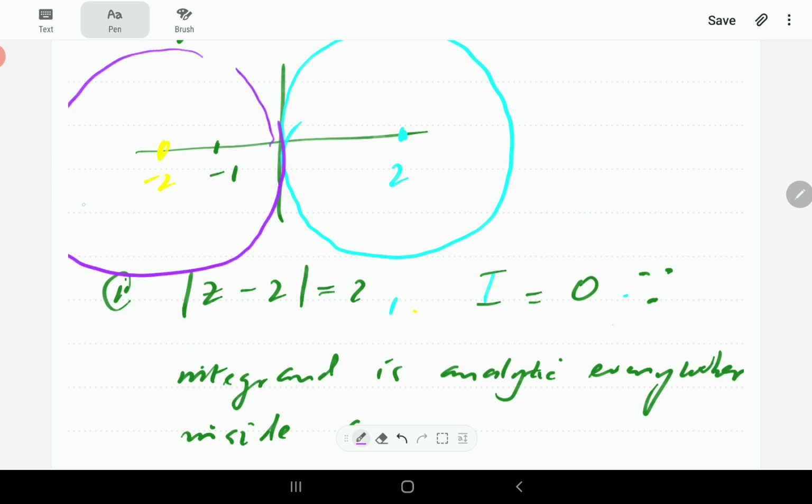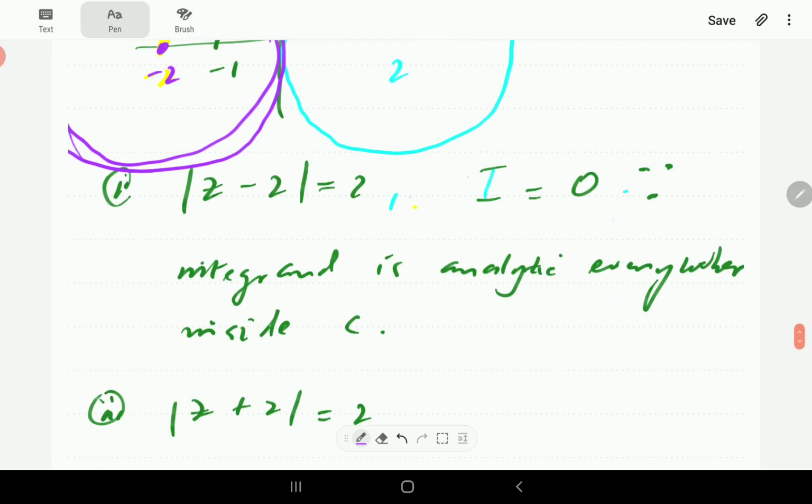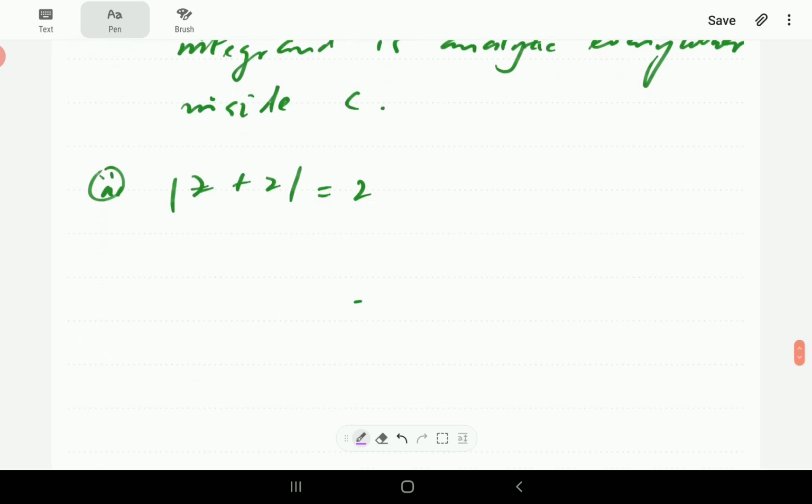So this time the circle is going to contain the singular point z equals negative 1, which is this one here. So our Cauchy's integral formula part 2 is going to be applicable.